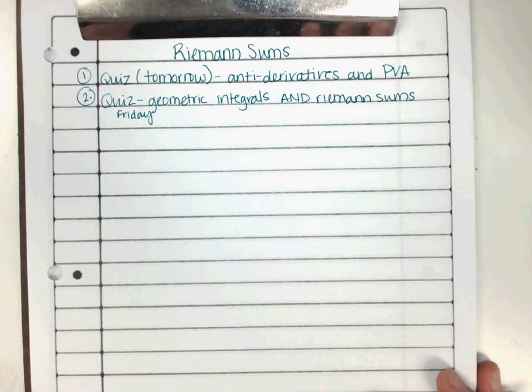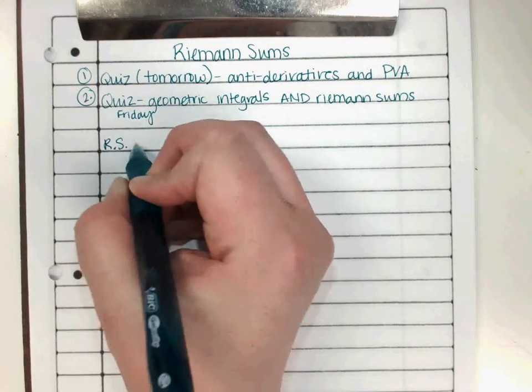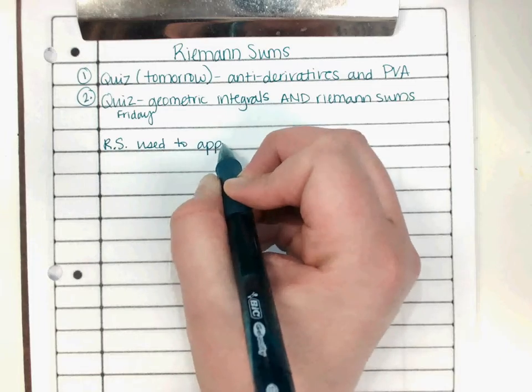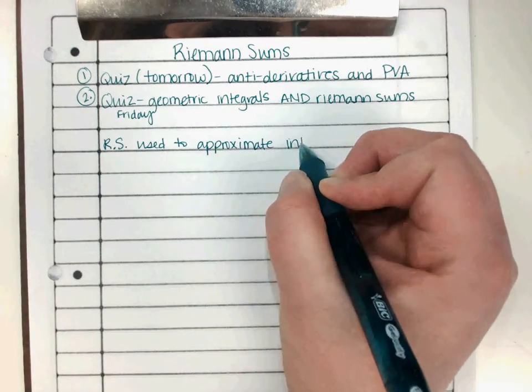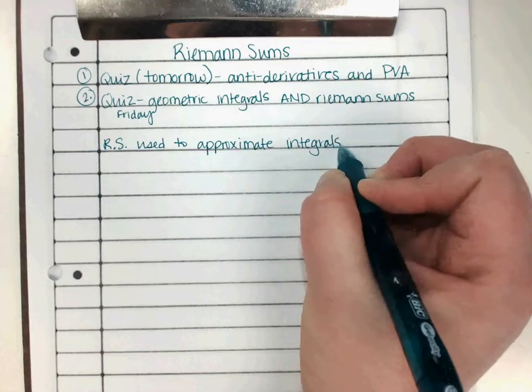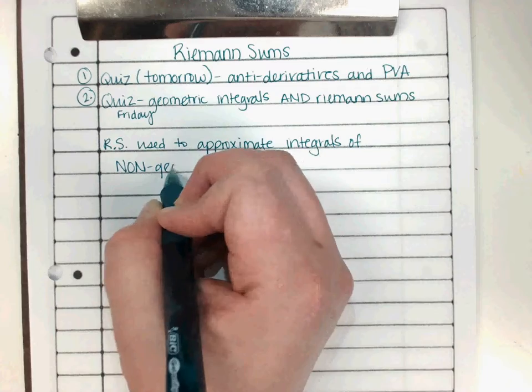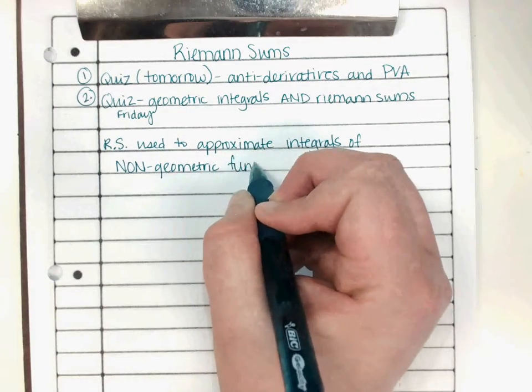Okay, so a Riemann sum, RS, is used to approximate integrals of non-geometric functions.